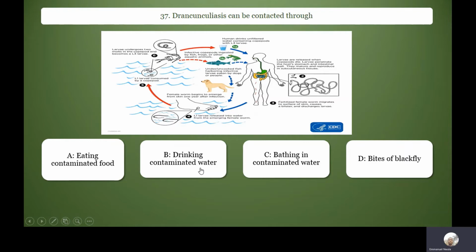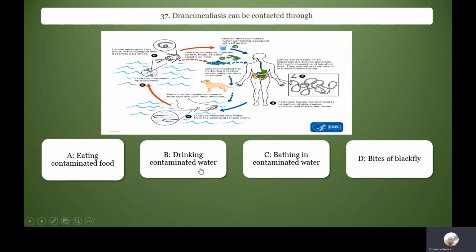The water flea will be digested in your digestive tract, but the larva of the guinea worm will be exposed, and it will penetrate through your stomach into the abdominal cavity, where they will develop and mate.